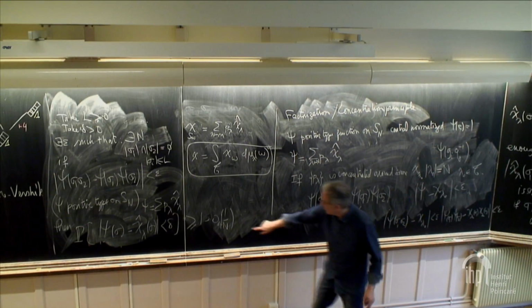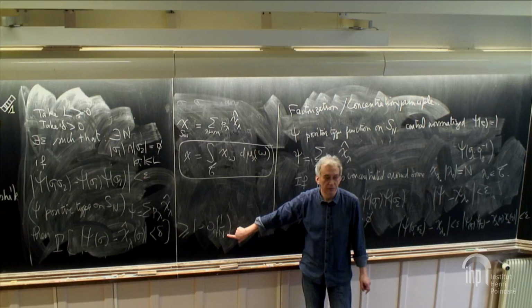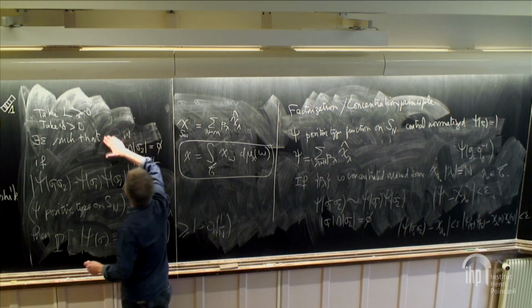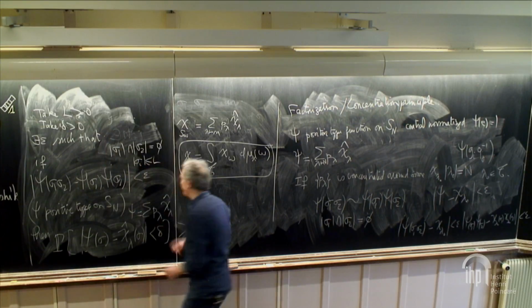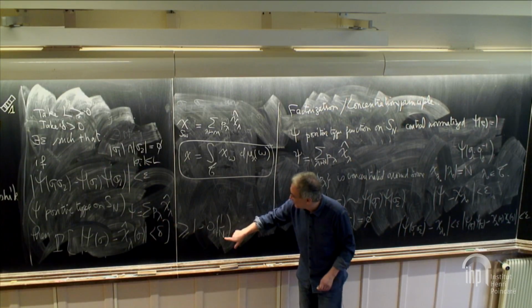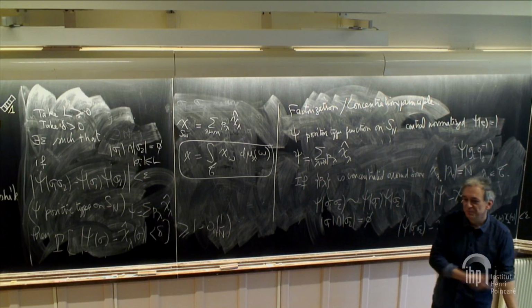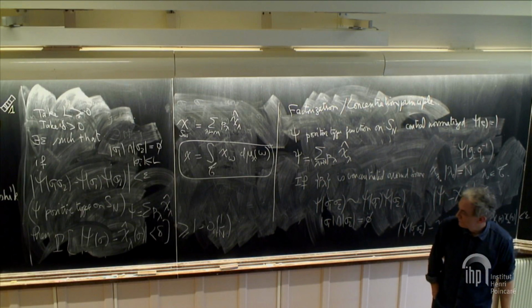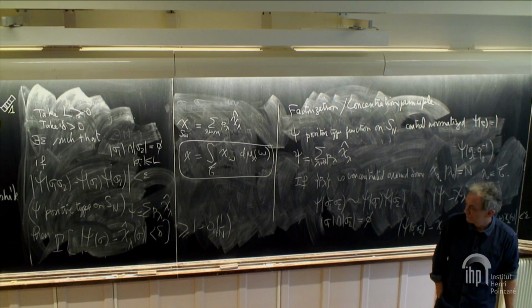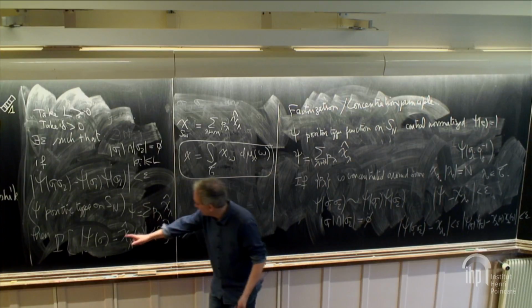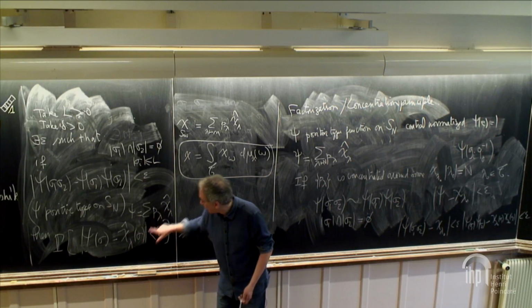Yes, this is what I mean by big O of 1 over n. So the statement is that lambda here is random.